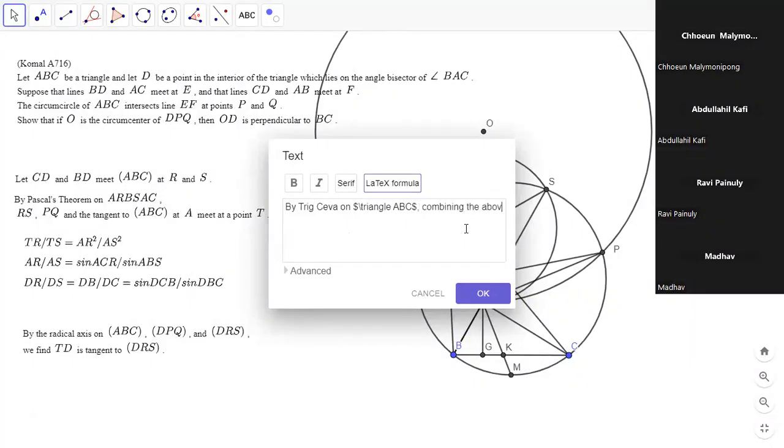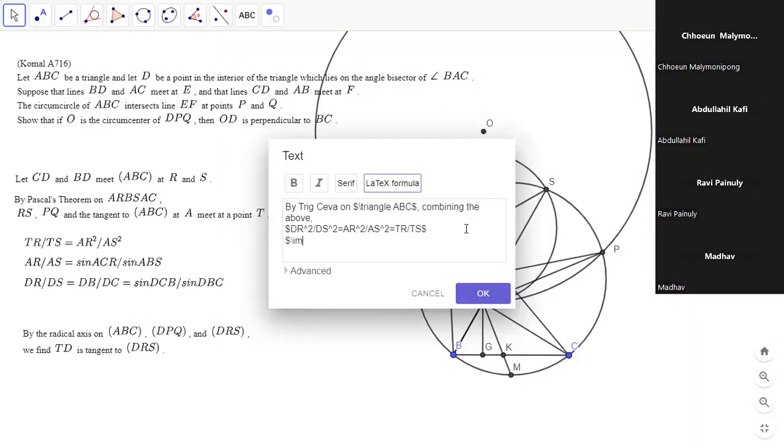Combining the above, then we have DR over DS equals AR over AS, which is equal to TR over TS.